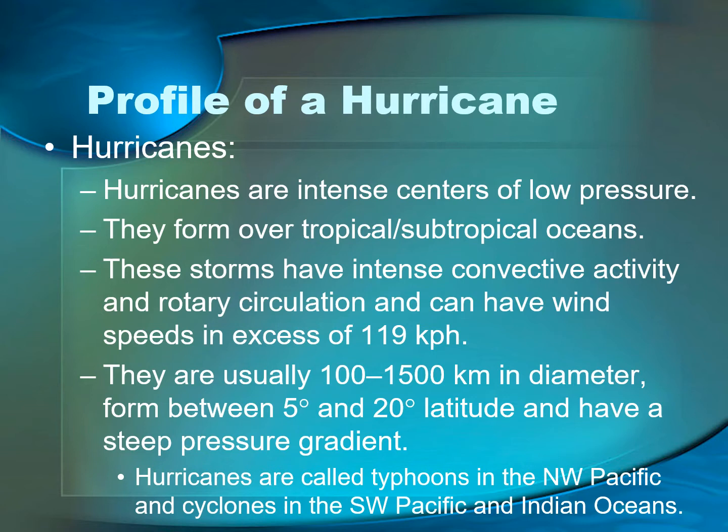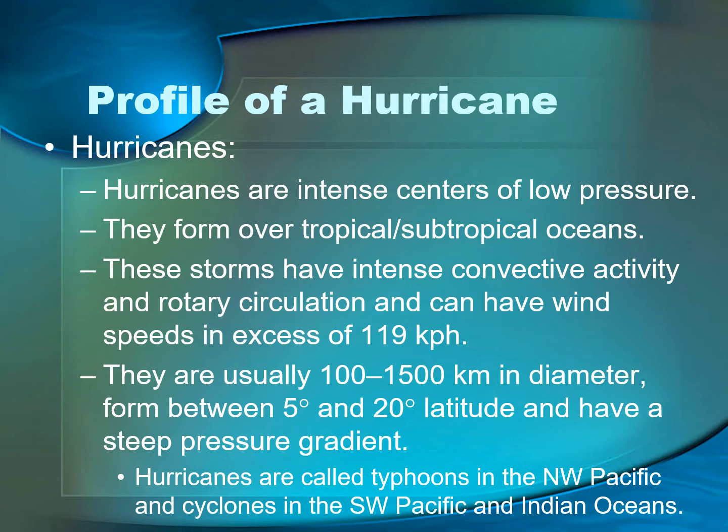All right, so hurricanes are basically just really big low pressure centers. Imagine the red L, L for low, red for warm air. These do not form over continents like our mid-latitude cyclones.